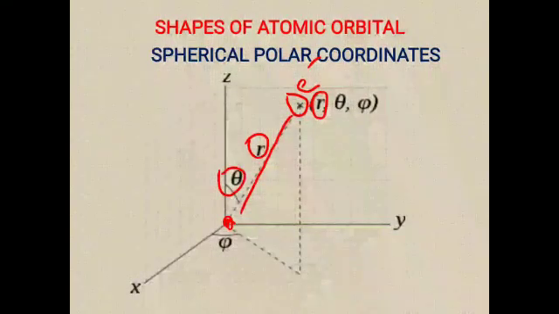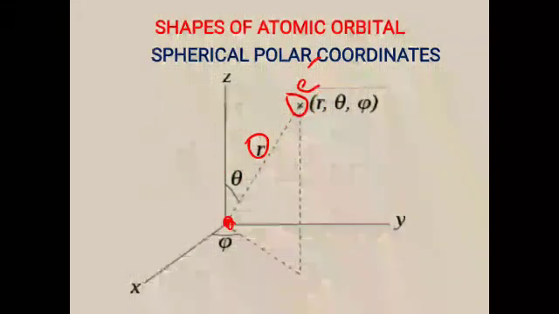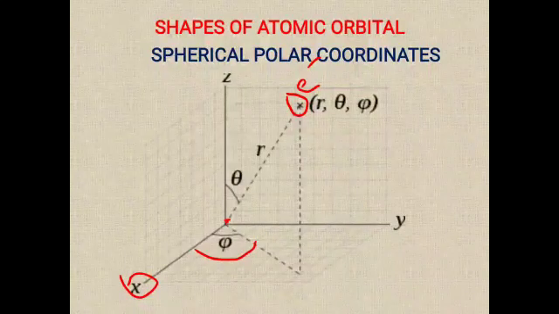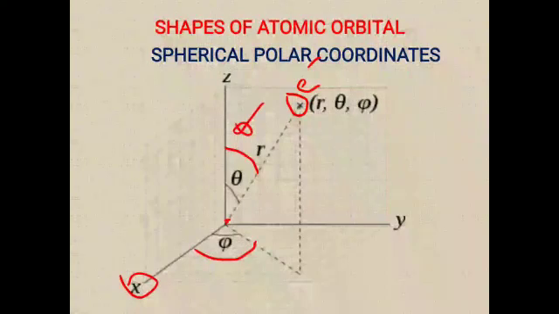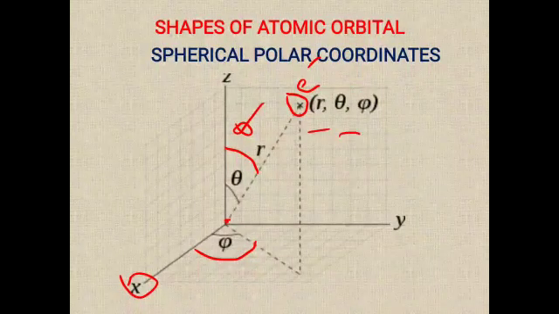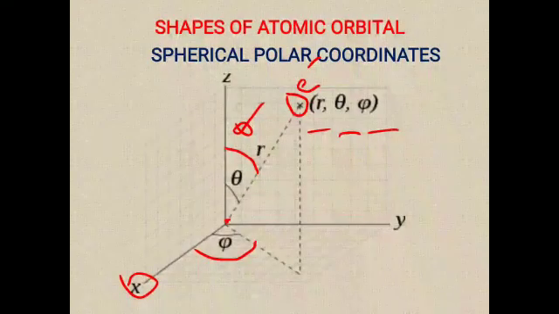The angle between the electron and the x-axis gives psi. The angle with respect to the z-axis gives theta. So by having three values r, theta and psi, these are called the spherical polar coordinates.